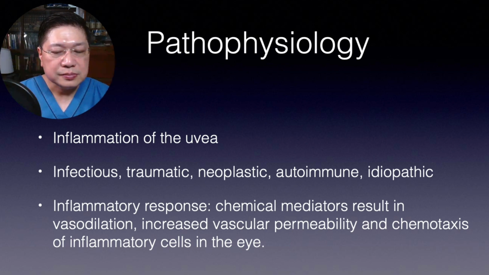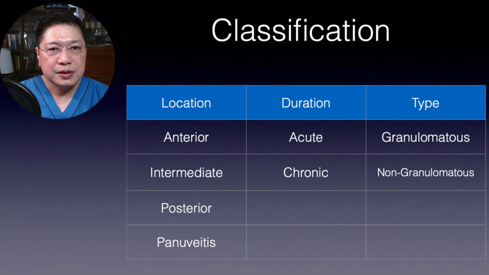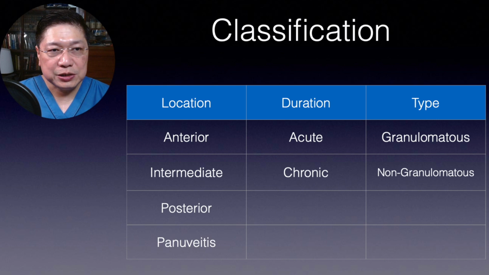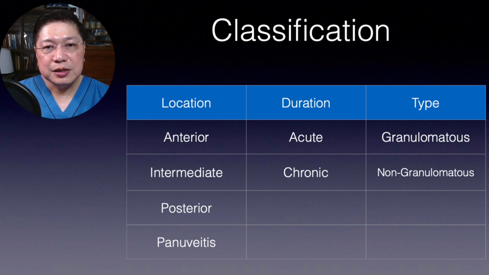And chemotaxis of the inflammatory cells in the eye. As far as classification according to location, it could either be anterior, meaning in the front part of the eye, from the iris going forward.